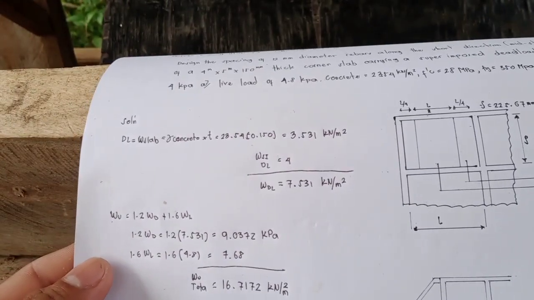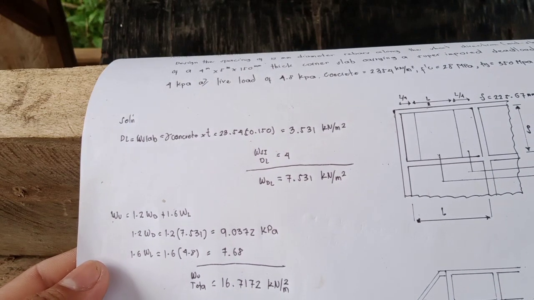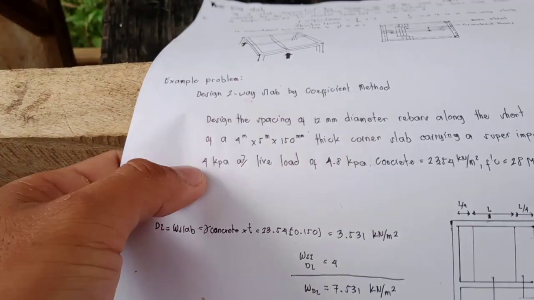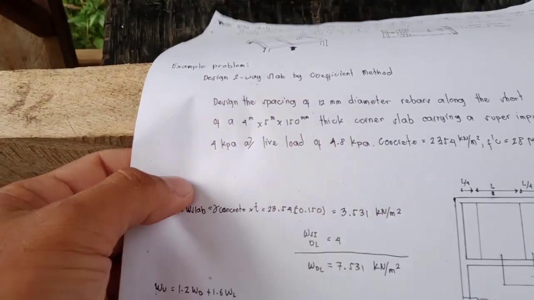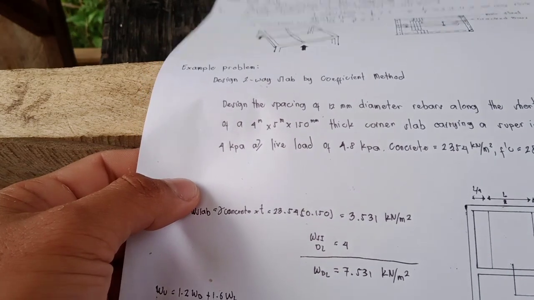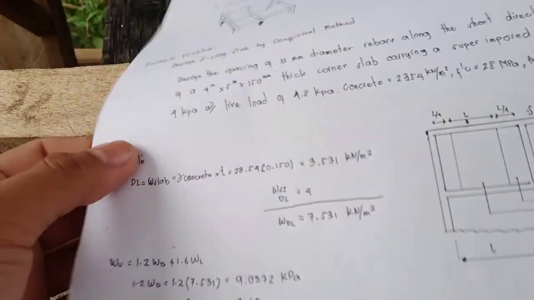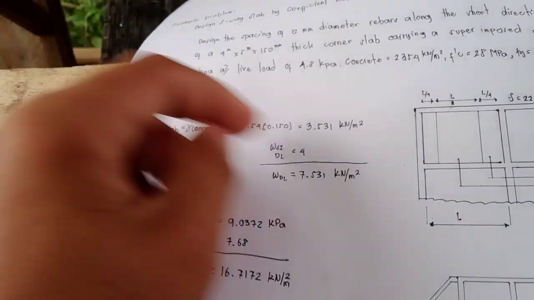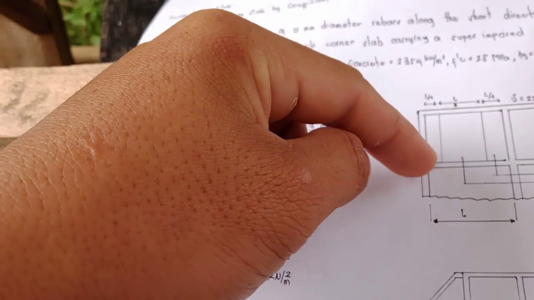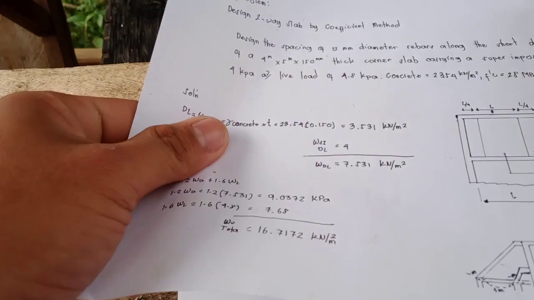Now, according to the problem, we will have to design the rebars in the short direction, in a middle strip. What is a middle strip? This is what we call a middle strip. This is the edge, L over 4, and the other edge, L over 4. So this is L over 2.